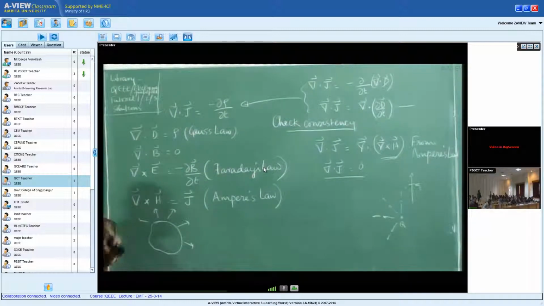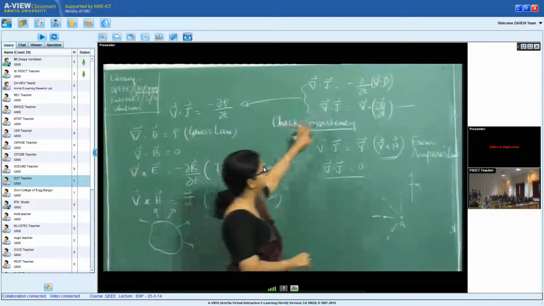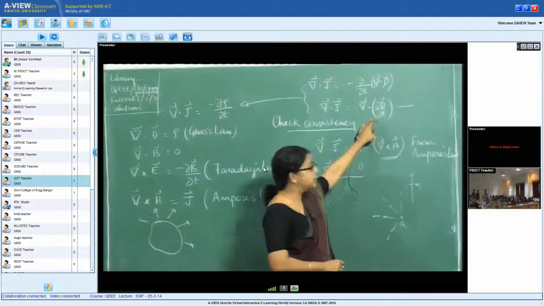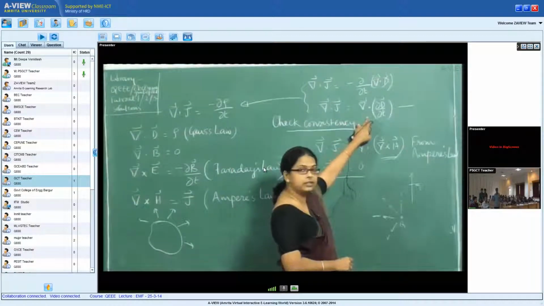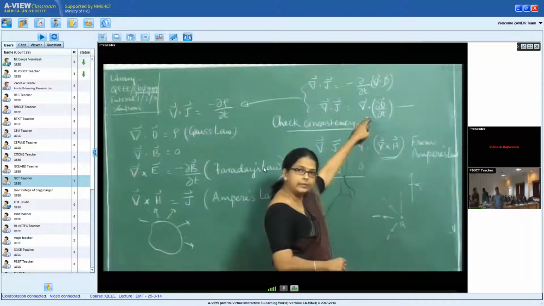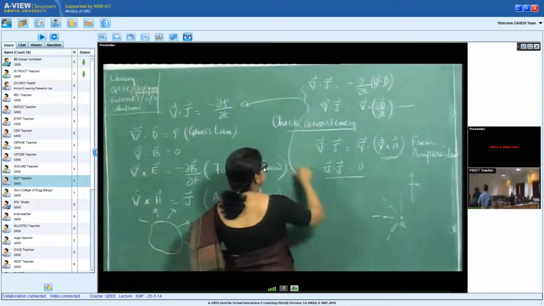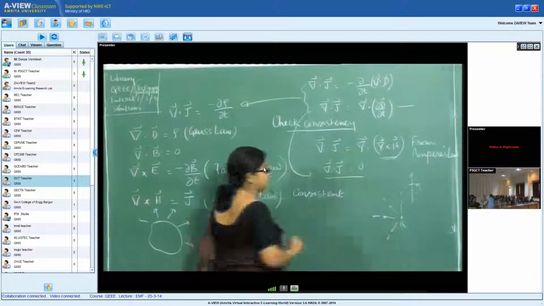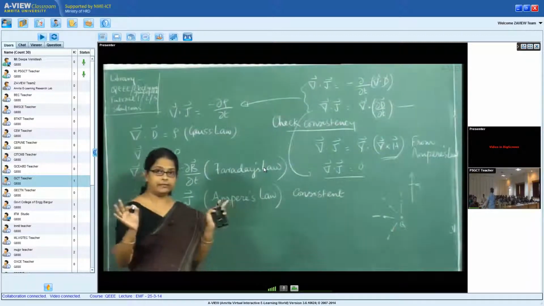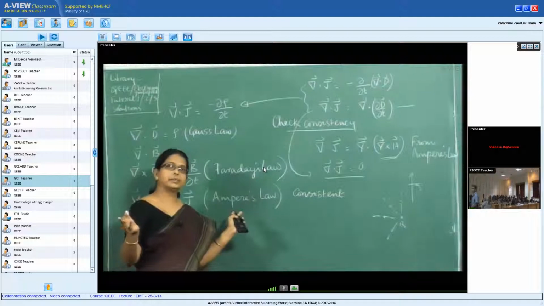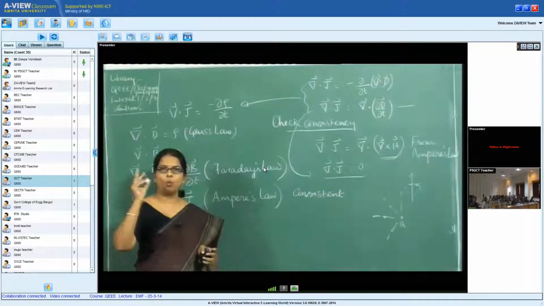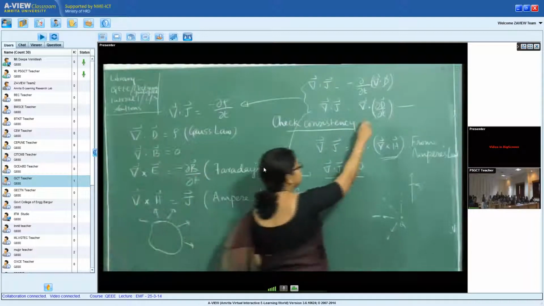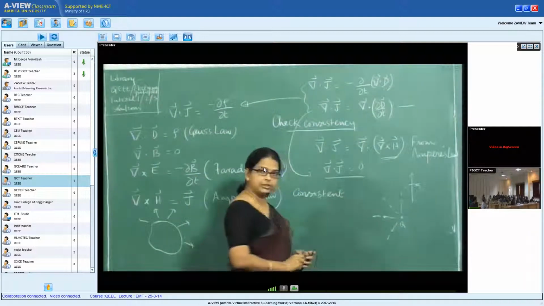We said the spread has to get related to del D by del T. This divergence of J is actually divergence of del D by del T. So are these two equations consistent? The right hand sides are different, which means they are not consistent. They are consistent only under one condition.